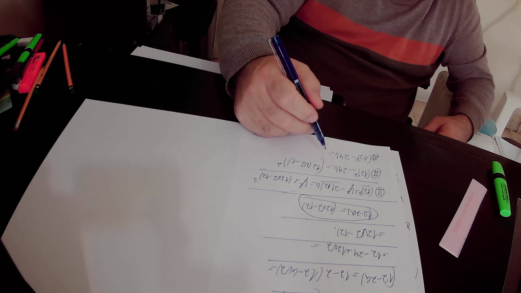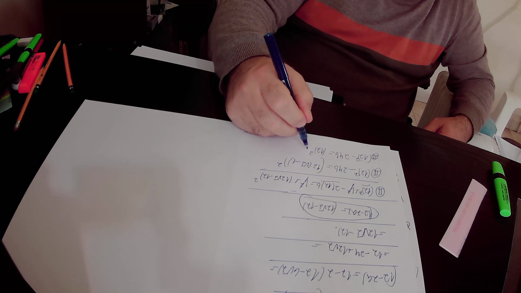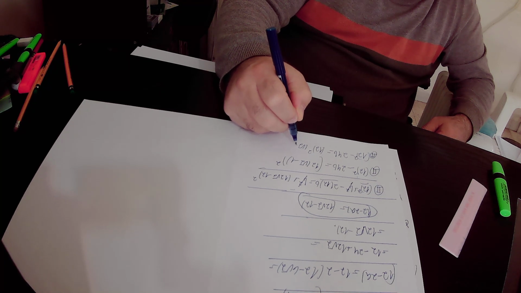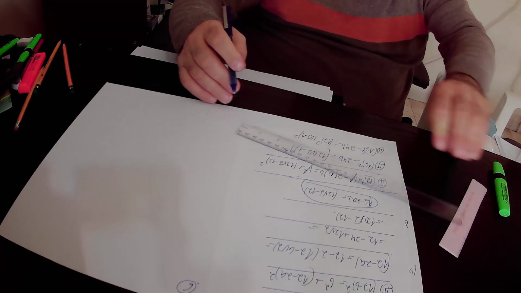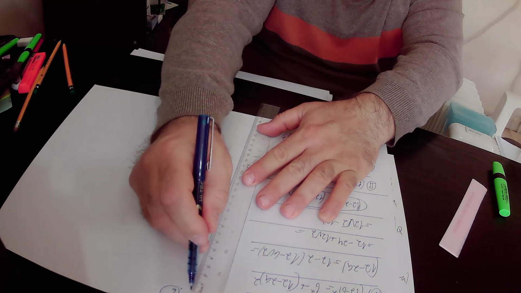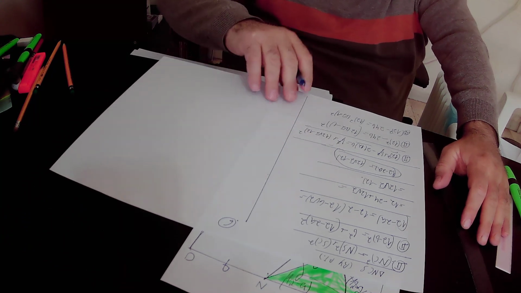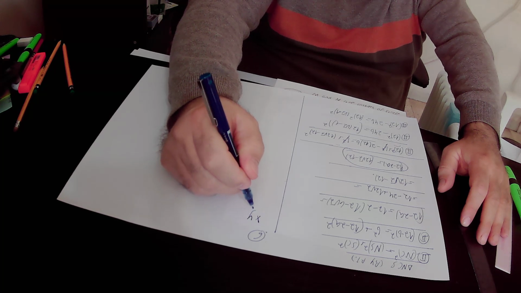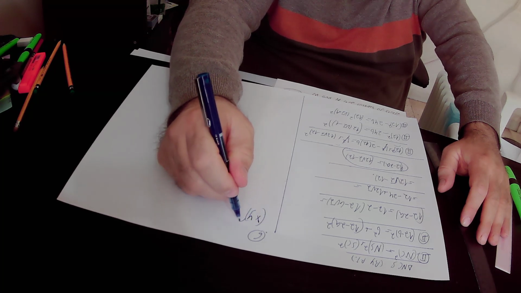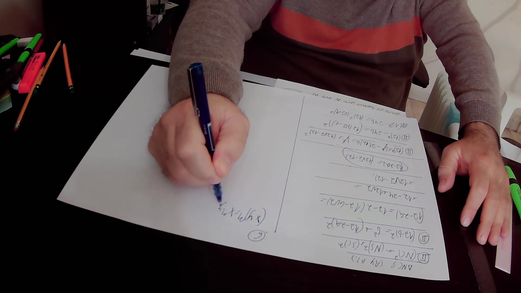So here we have 12 square times (square root of 2 minus 1) square, according to the rule that if you have x times y to the power of m, it is equal to x to the power of m times y to the power of m.